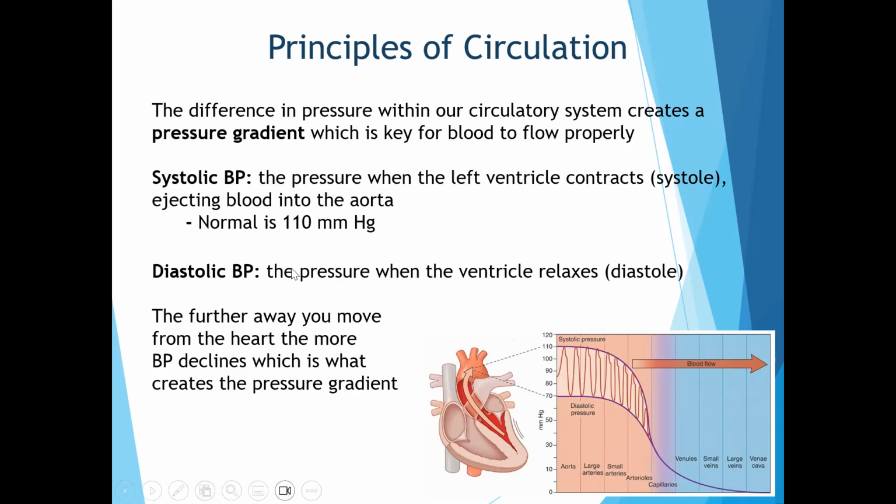I'm sorry, I didn't put that underneath there, but the normal for that one is about 70 millimeters of mercury. So 110 over 70 would be considered ideal blood pressure. In general, the further away you move from the heart, the more our blood pressure declines, and that creates the pressure gradient. We're going from high pressure to low pressure.